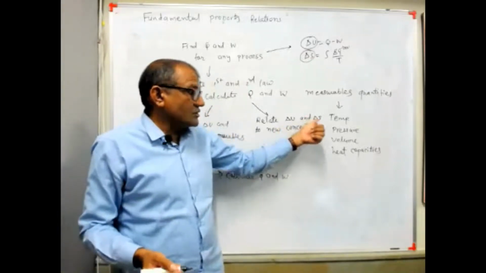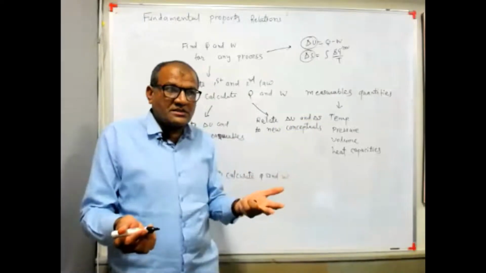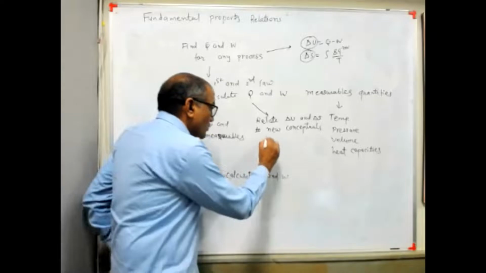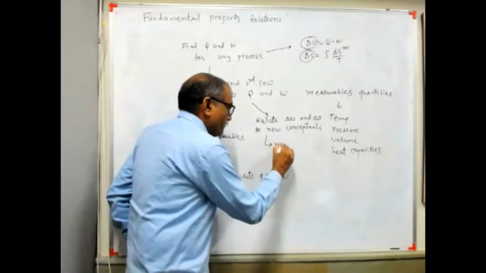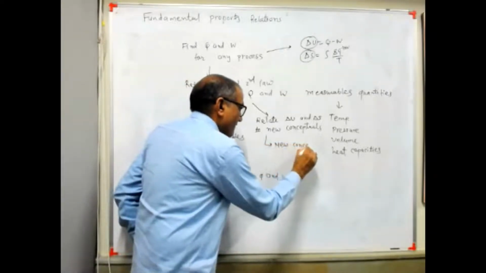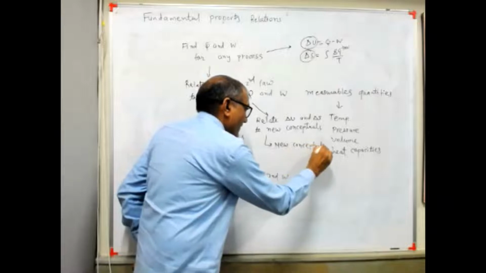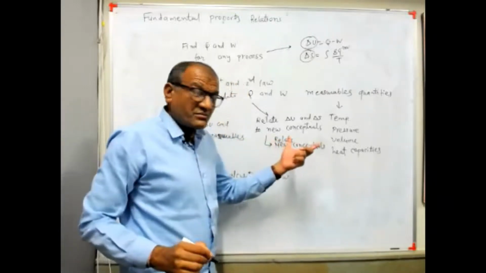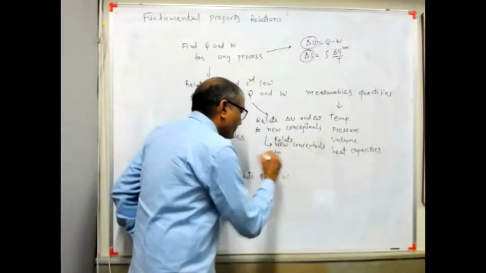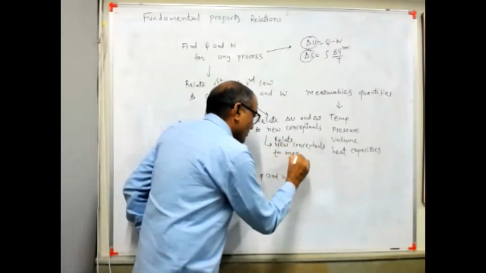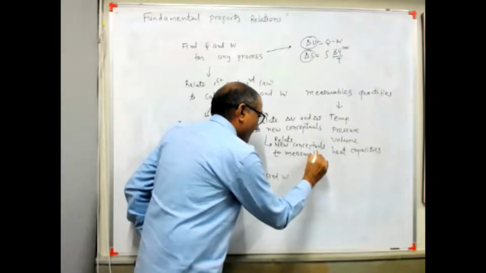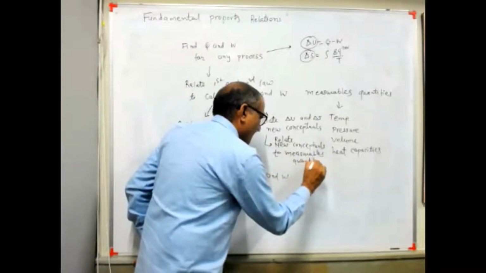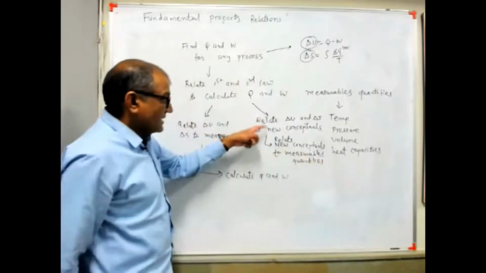If you can relate these two to new properties such as enthalpy, Gibbs free energy, and those new conceptuals, relate these new conceptuals to measurable quantities. This is the next step.